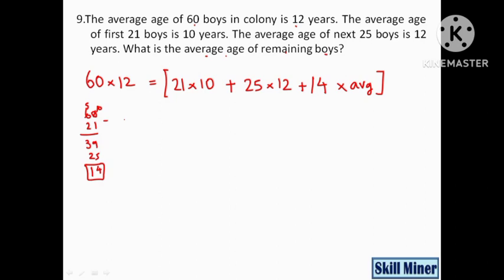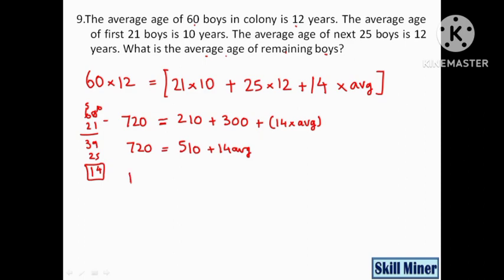60 into 12 will give me the value 720. 210 plus 300 plus 14 into average. 14 into average is equal to 720 minus 510, which gives me the value 210.